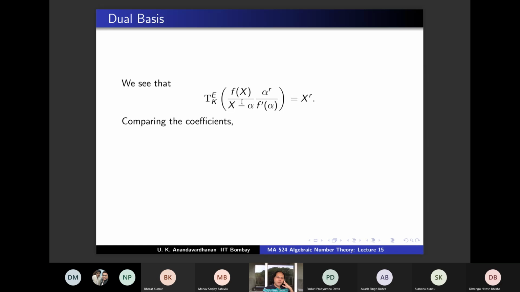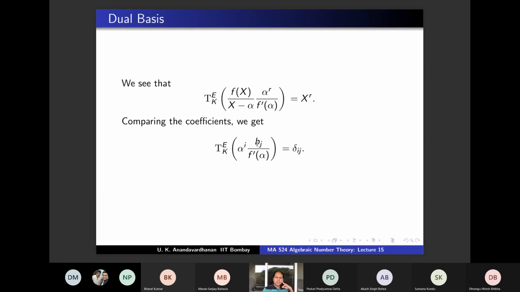It will be b1 times trace of alpha power r by f prime alpha. But the coefficient of x on the right hand side is 0 unless r equals 1. So the conclusion is that trace of alpha power i bj by f prime alpha is delta ij.